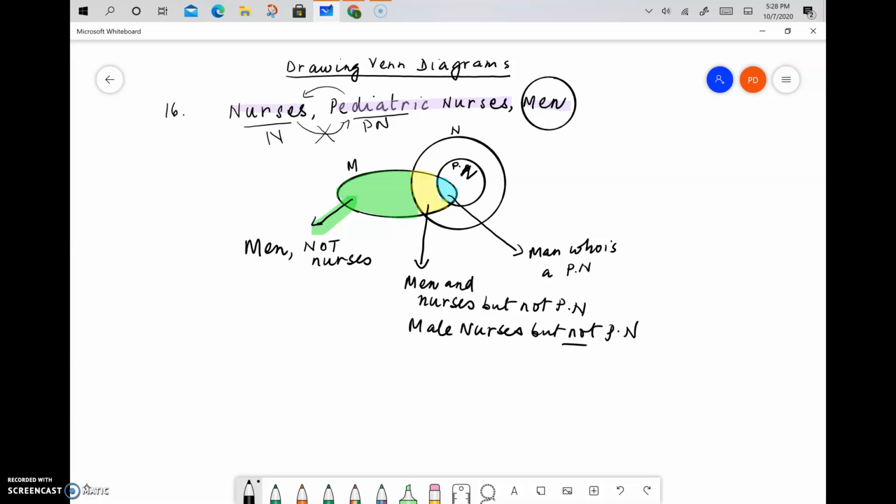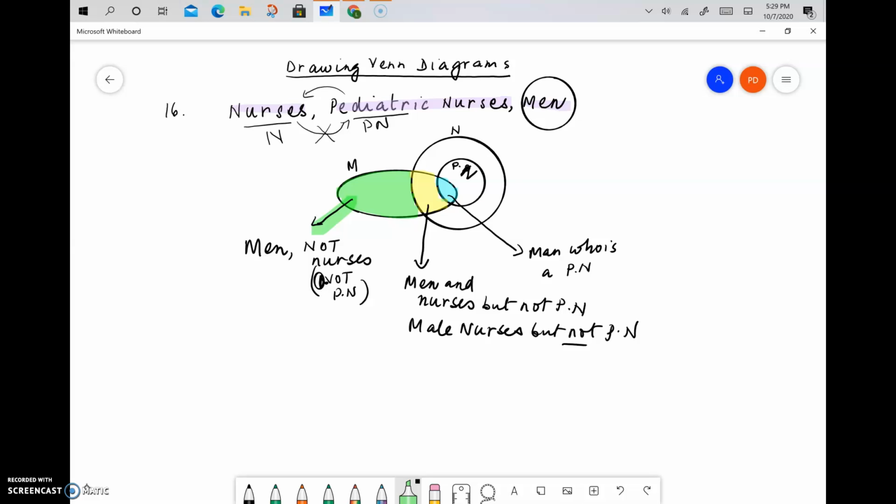And if they are not nurses, they are definitely, as a consequence, not pediatric nurses for sure, right? But if you say they're not nurses, that takes care of them not being pediatric nurses. So they are men who are not nurses.